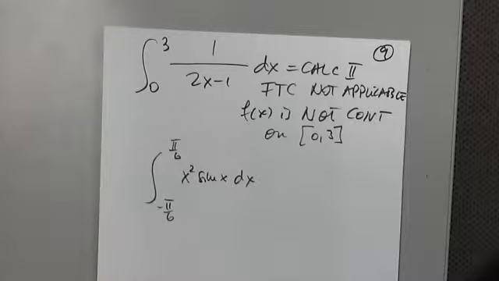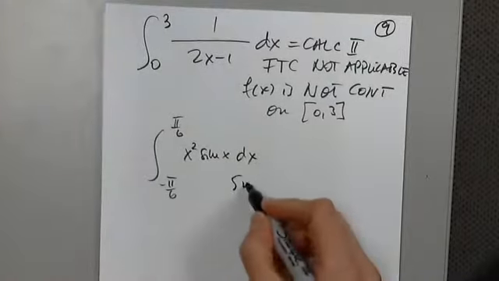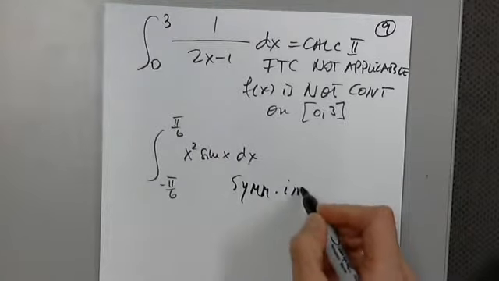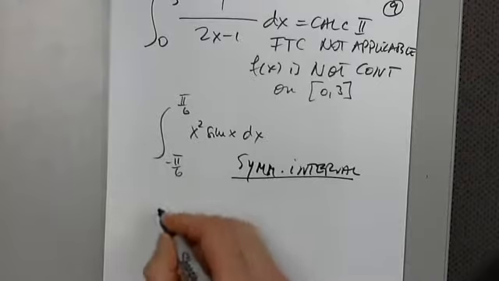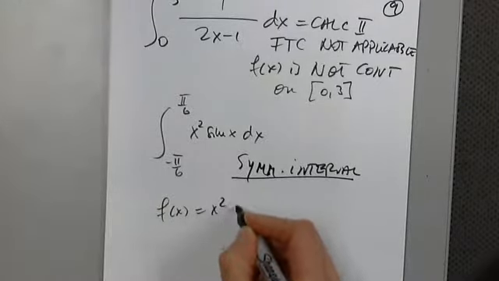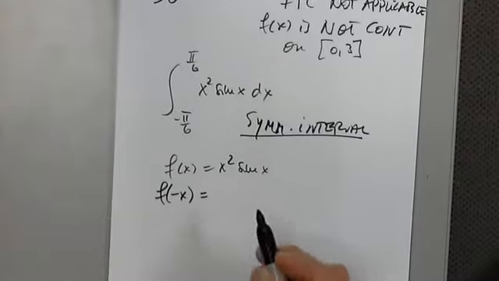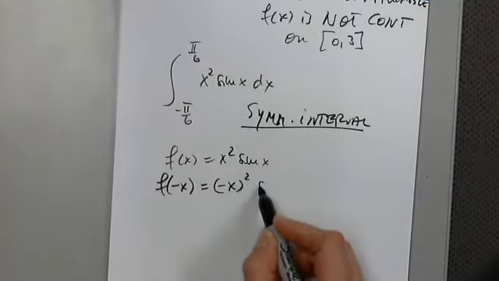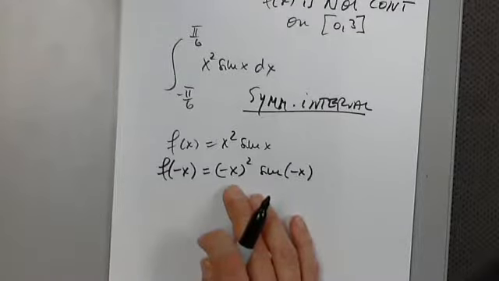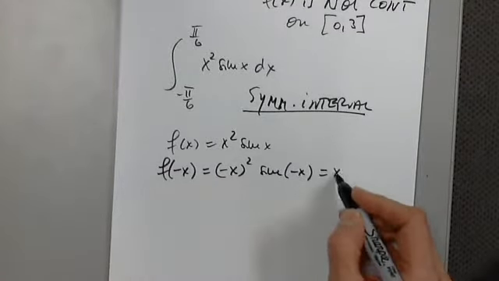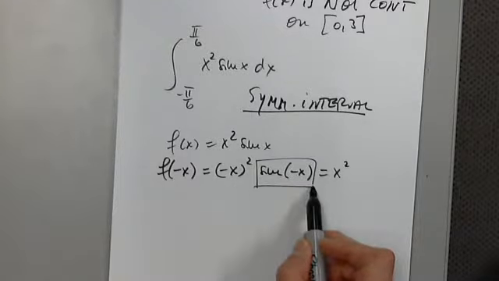Very good. So I write symmetric interval. I have to write that. And then I say f of x equals x squared times sine x, and find f of -x, which is -x squared times sine -x. But what is -x squared? Still x squared. But now I have to remember, is sine an odd function or even?